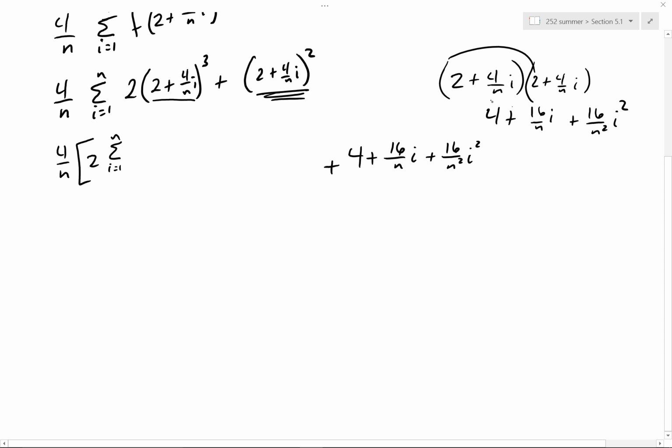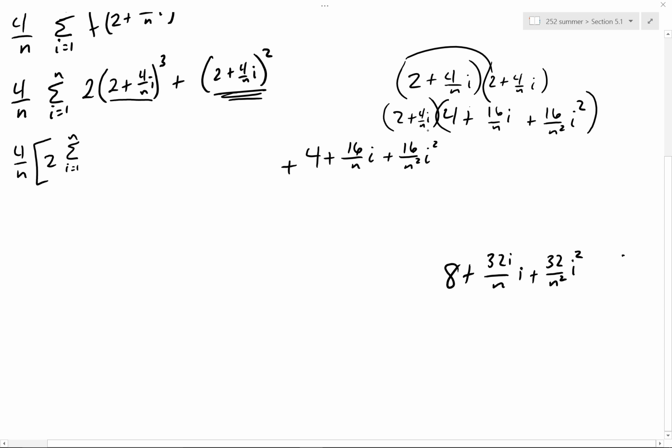Cool. And then if you take and multiply that through by 2 plus 4 over n i again, you will get 8 plus 32i over n plus 32 over n squared i squared. And then when you multiply the i through, you're going to get 16i over n. Remember, this is not the same i as imaginary i, in case it's late at night and you're not thinking squarely.